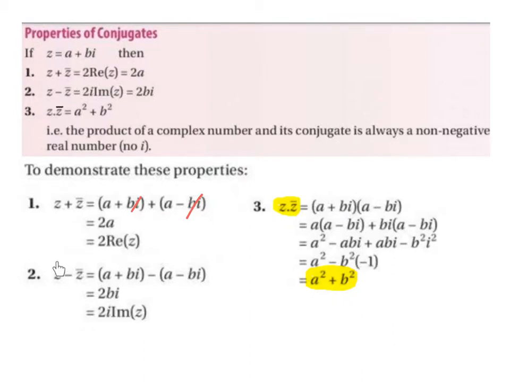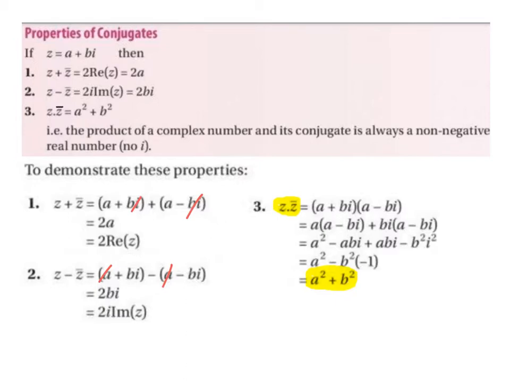Property 2, z minus the conjugate of z will be a plus bi minus a minus bi. A minus a will cancel, and we're left with bi minus minus bi, which is bi plus bi, which is 2bi. So you end up with 2 times b, which is the imaginary part.